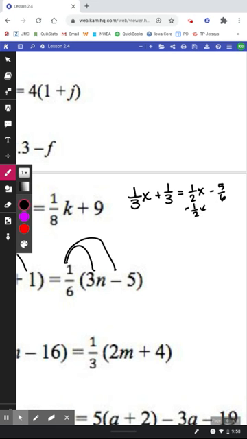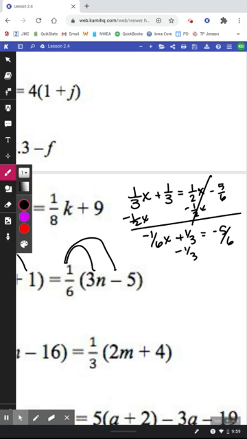Subtract half x to both sides. So I type that in as parenthesis 1/3 minus parenthesis 1/2, math, enter, enter, is negative 1/6 x plus 1/3 equals negative 5/6. Subtract 1/3 to both sides.